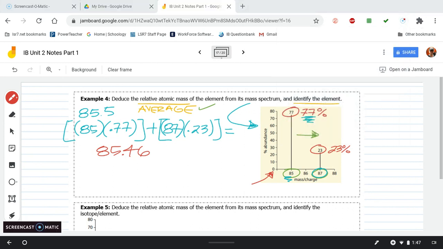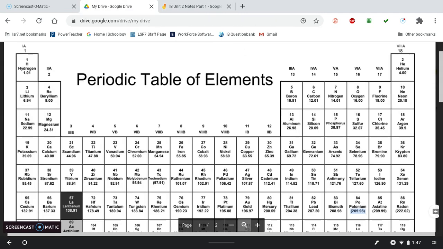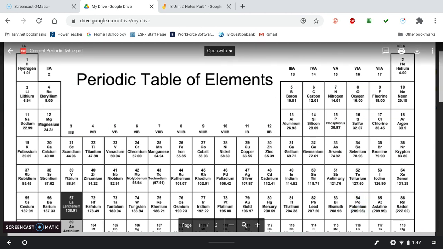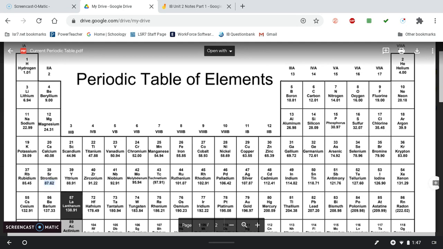Okay, I've got my periodic table now. What we're looking for is this mass on the periodic table, or as close as we can get. Let's look for a mass value. There's 79, there's 83, there's 85.45, and there's 87.46. Strontium is 87.62.